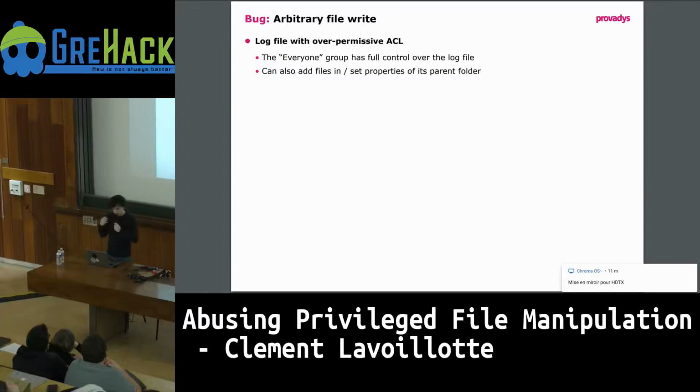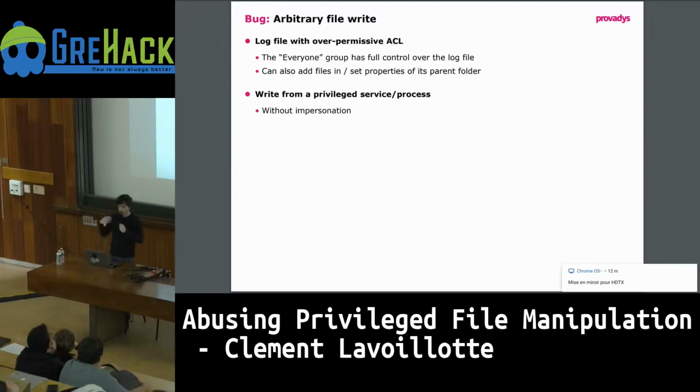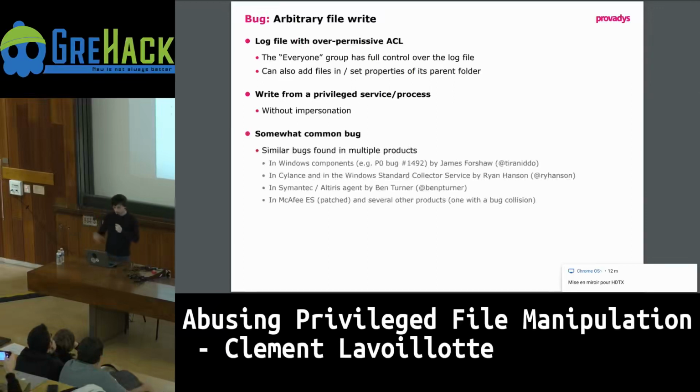For instance, many privileged processes will create log files, but because unprivileged users also need to, for instance, add content to these files, these log files have a very permissive ACL set on them, and the creation of the log file itself does not use impersonation. So this is actually pretty common. It was found several times just this year, for instance, in multiple components.